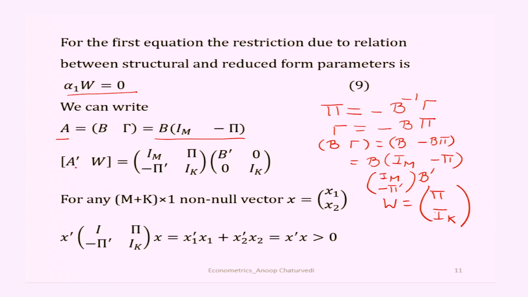So, we combine these two, and then we obtain A transpose W equal to I m pi minus pi transpose I k. Then you have B transpose 0 0 I k here.